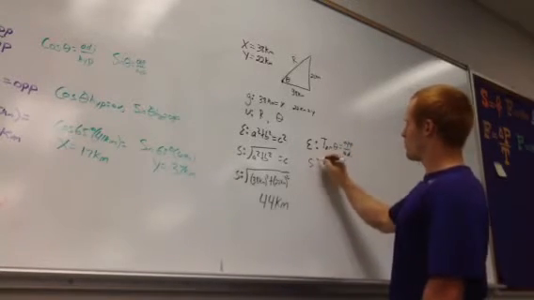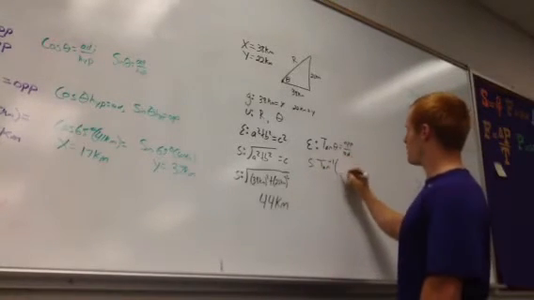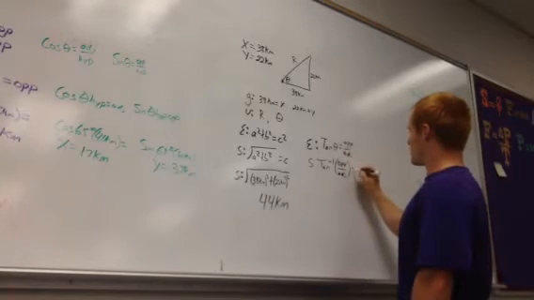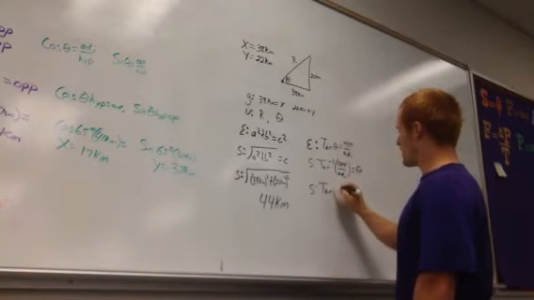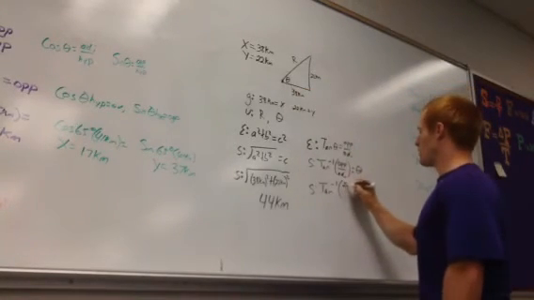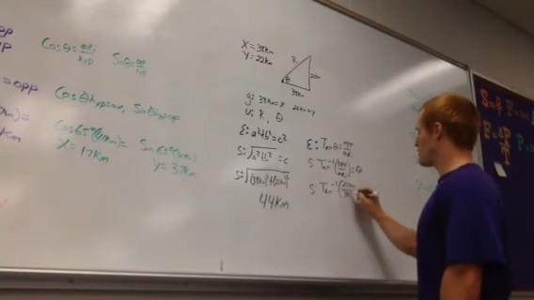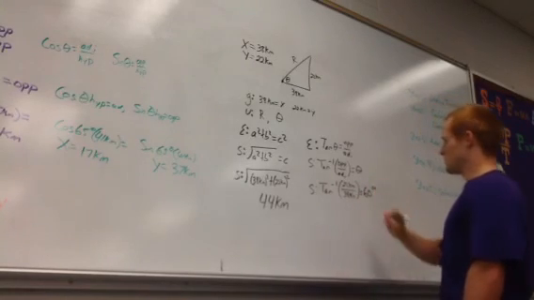To sort it, we're going to do the inverse of tangent to get theta by itself. So tan negative 1 of opposite over adjacent equals theta. From here, we're just going to plug in. Opposite the angle is 22 kilometers. Adjacent is going to be 38 kilometers. And this is going to give us 60 degrees.